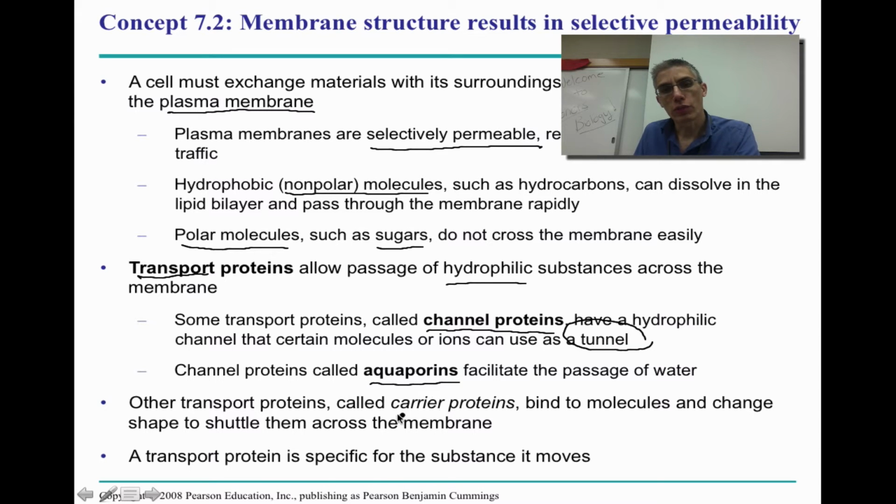Other transport proteins called carrier proteins are going to bind to molecules and change shape to shuttle them across the membrane. And so a transport protein is going to be very specific for the substance that it moves. The shape is going to be specific to that type of molecule that is trying to get across the membrane.